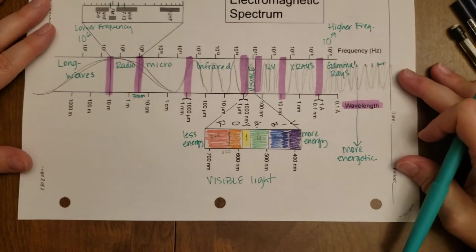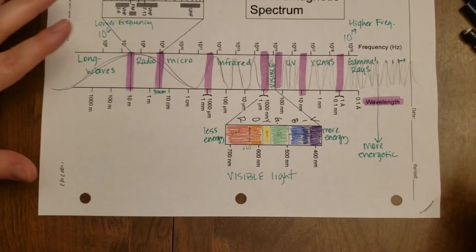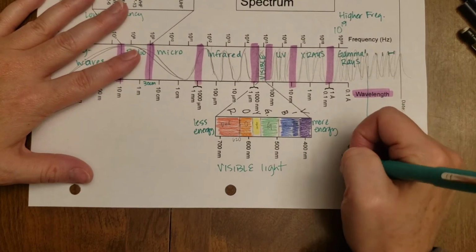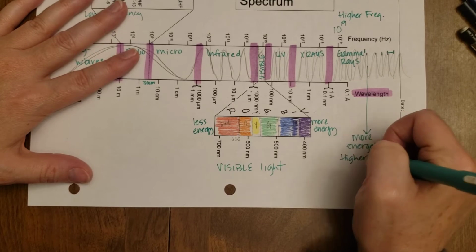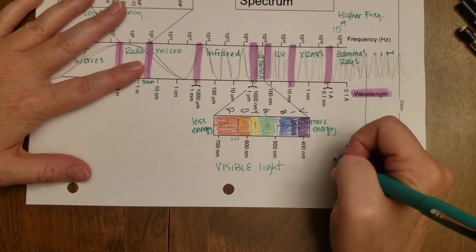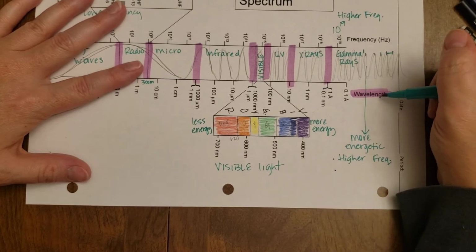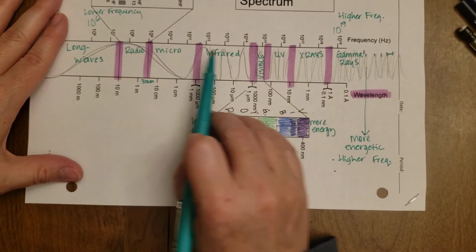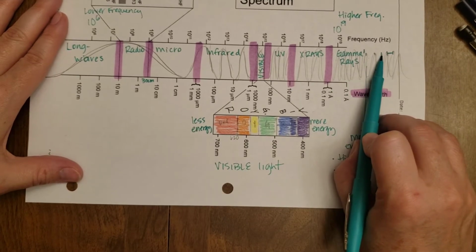So on the gamma ray side, I'm writing more energetic. And we can't say these words enough. So we're going to say a higher frequency. You can abbreviate. But what did the wavelength do? Is the wavelength further apart from crest to crest, or is the wavelength closer together?